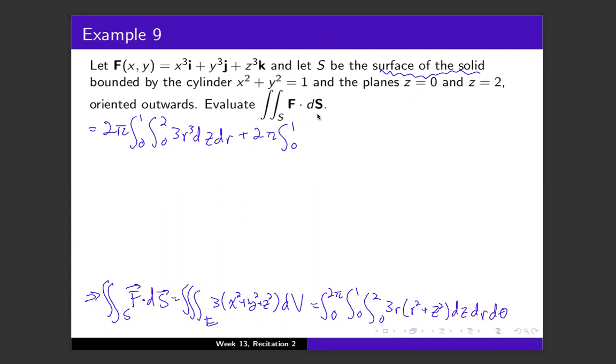Actually, I'm going to write it this way: integral 0 to 1 of 3r dr, integral 0 to 2 of z squared dz.